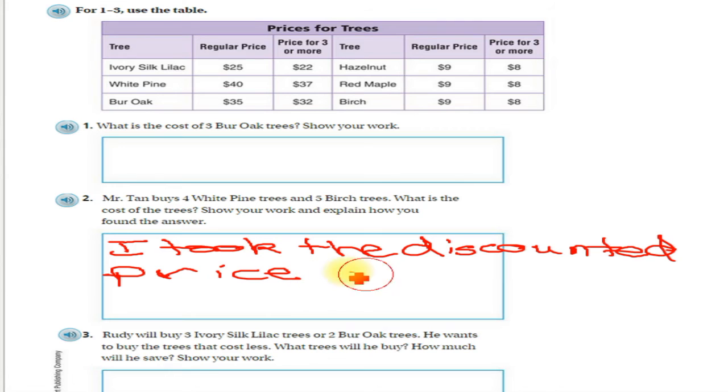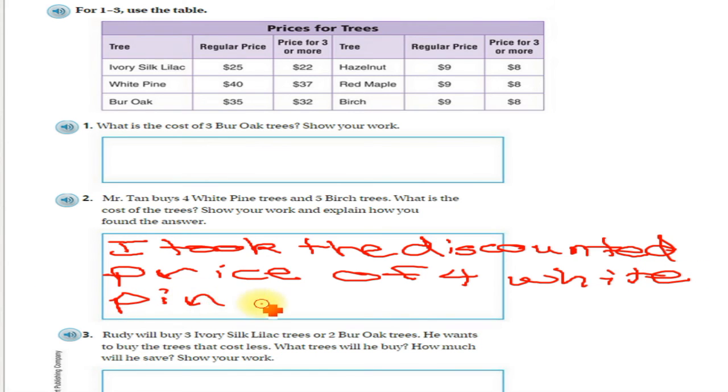Discounted price of 4 white pines plus the discounted price of the 5 birch trees.